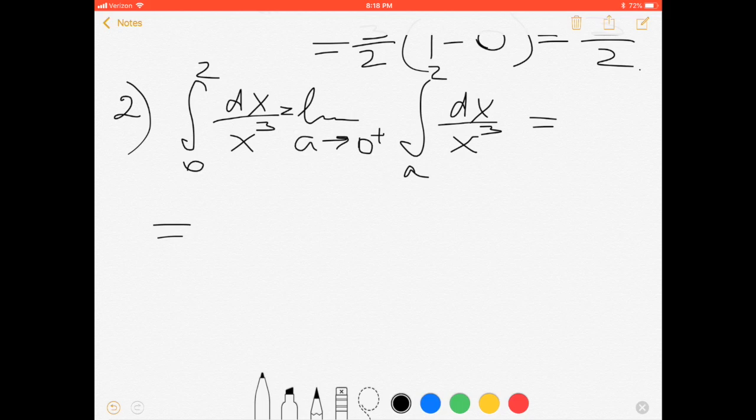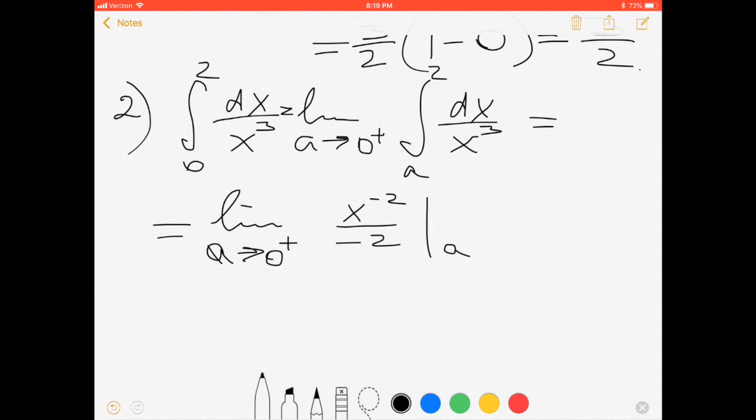If you plug in here, you have the limit as a approaches 0 plus of x to the negative 2 power over negative 2, from a to 2.